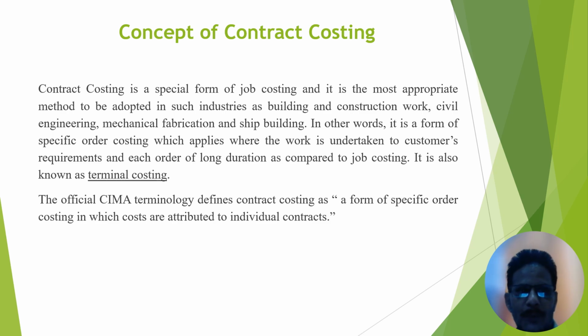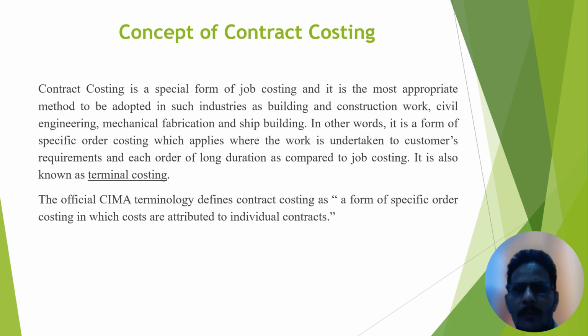It is the most appropriate method to be adopted in industries like building and construction work, civil engineering work, mechanical fabrication work, shipbuilding work, etc. In other words, contract costing is a form of special order costing which is applied where the work is undertaken to customer requirement and each order is of long duration as compared to job costing. Under job costing, we have short duration, but under contract costing we have long duration.